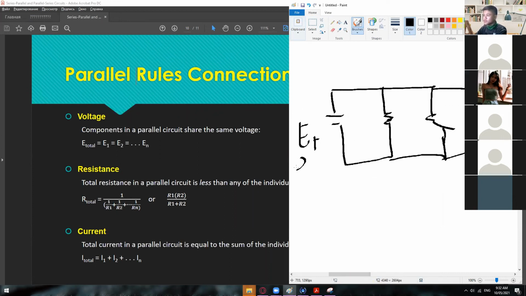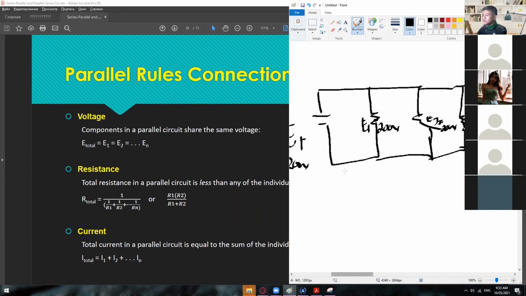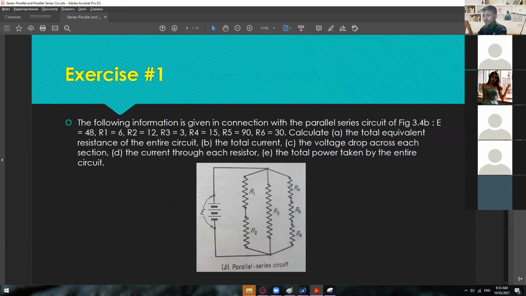Kung let's say 200 volts to, yung E1 nyo dito is equal to 200 volts na rin. Yung E2 nyo dito is equal to 200 volts na rin. Pero, ibang bagay na kapag meron ka pang resistance dito. Kapag dumaloy siya dito, yes, 200 volts pa rin. Pero kailangan nyo nang i-consider mismo ito. So, kailangan nyo munang i-deduct ito dito sa parallel connection nyo, kagaya ng nangyari sa example natin kanina.